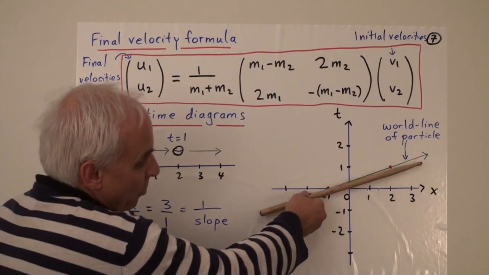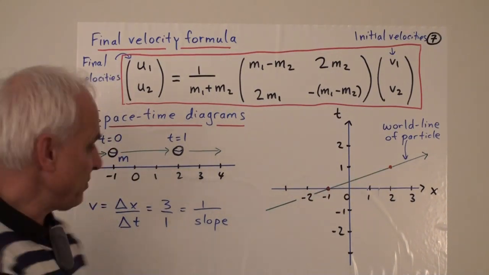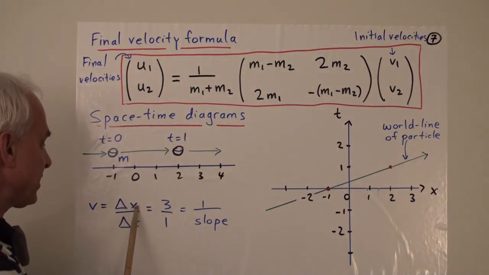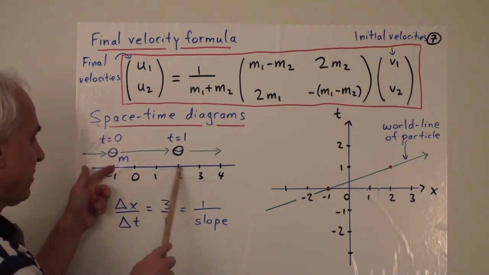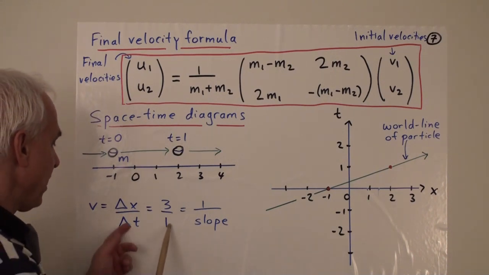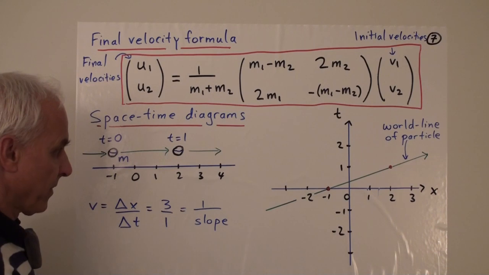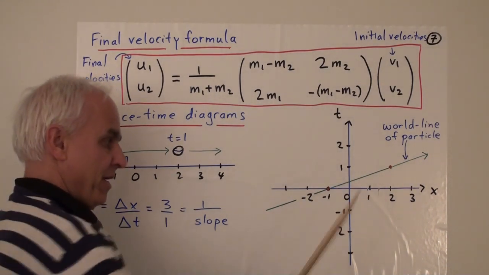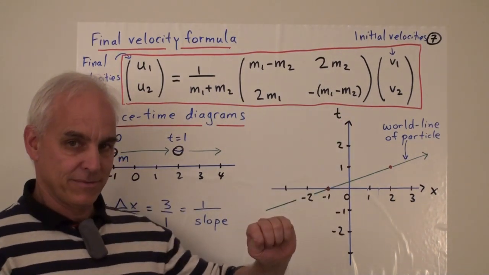Now, the slope of this line is obviously closely connected with the speed of this particle. The speed, v, is change in x divided by change in time. In this case, x changes by 3 in a time period of 1, so the velocity is 3. And that's 1 over the slope of this line as we would usually see it if we were thinking of x-y coordinates.